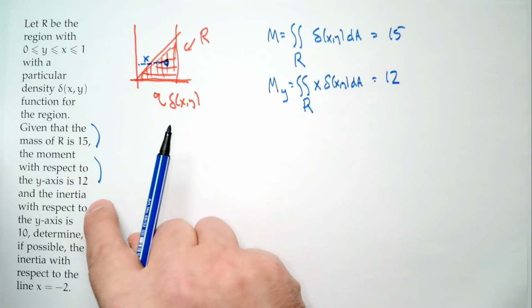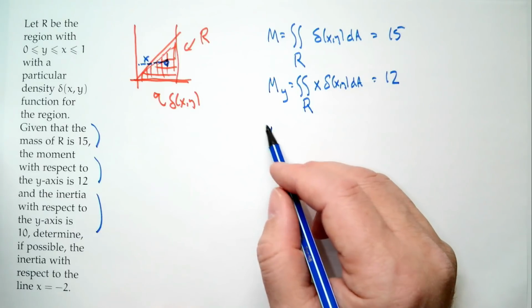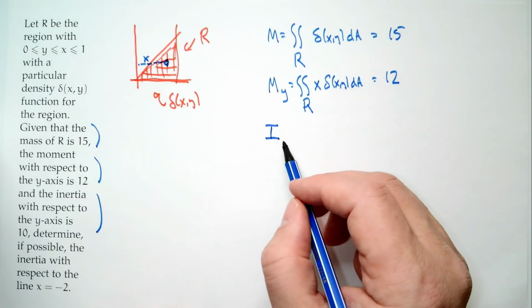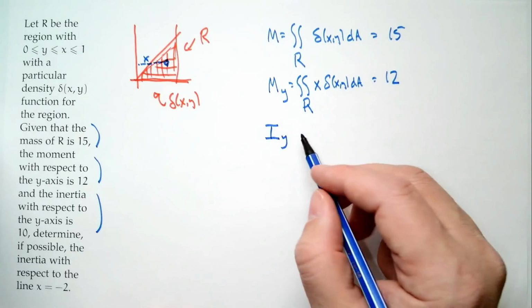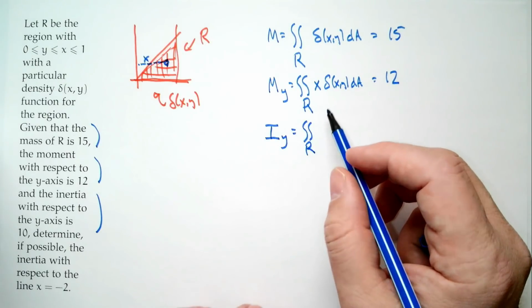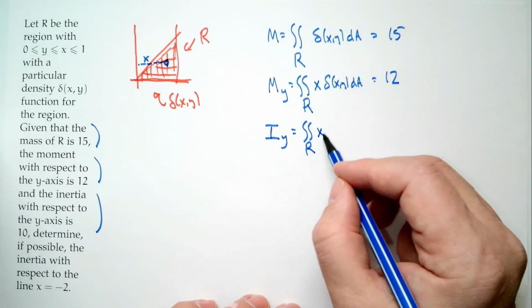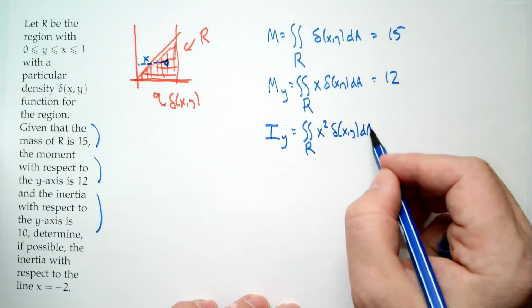And now, the inertia with respect to the y-axis is 10. So for inertia, we use an I, and again, the subscript says with respect to what. So that's the integral over our region, and the only difference is it's squared: x squared delta xy dA.